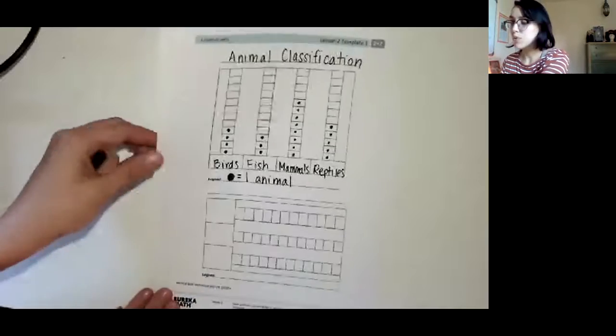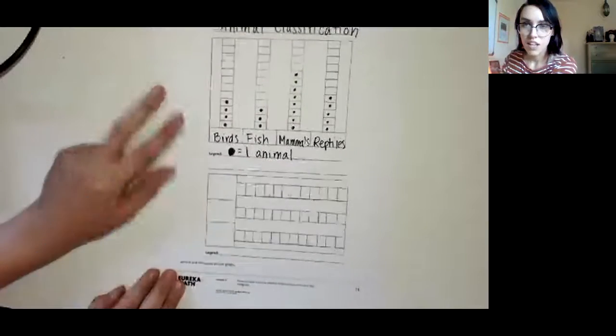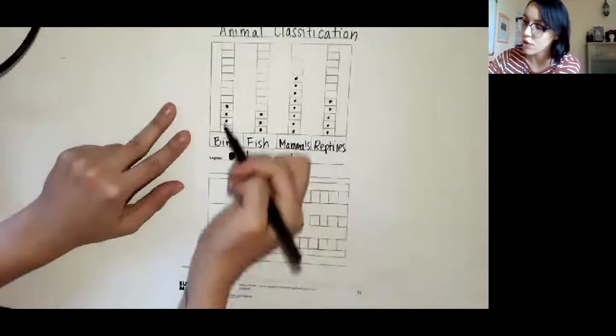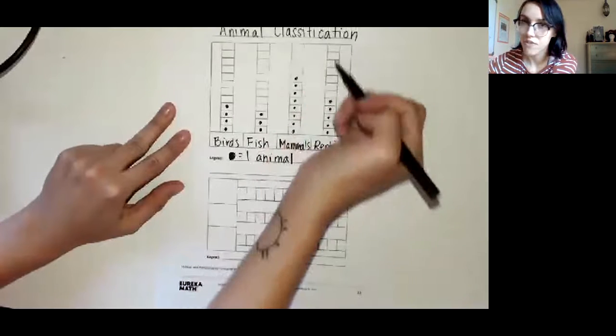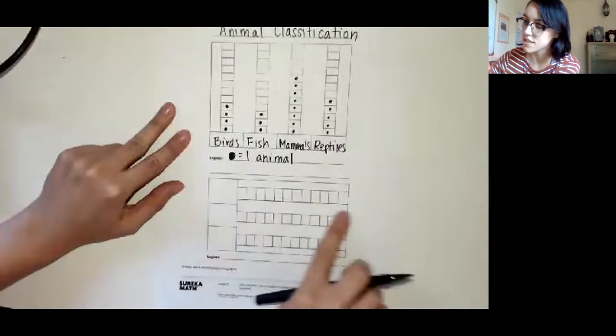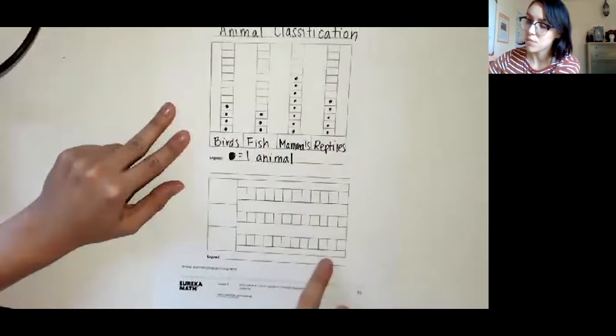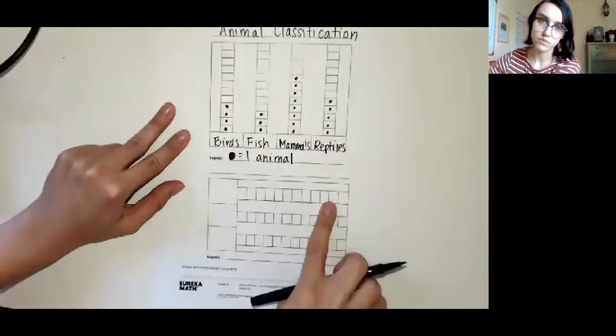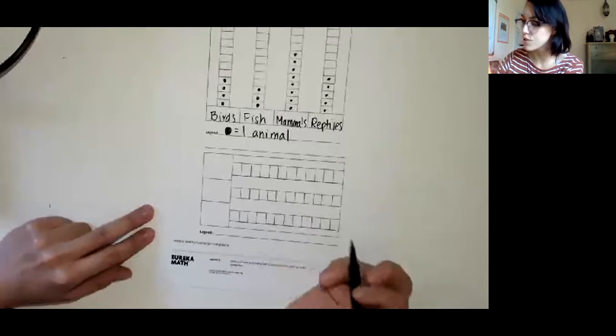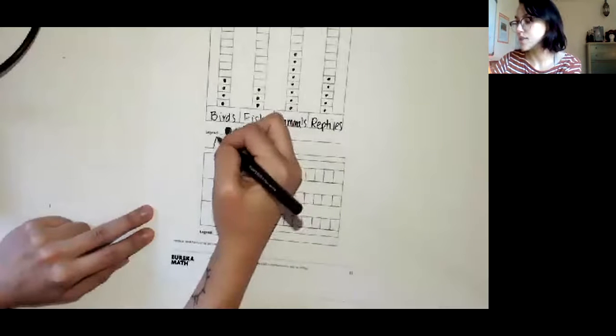Now, when we move down here, instead of going vertically like we did on our first picture graph, we're going to go horizontally. You guys might remember this as a column or a row. That language works too. So here, we're going to do the same title.